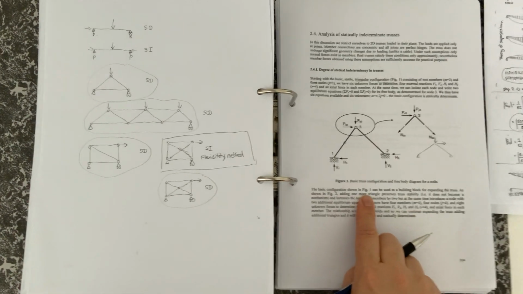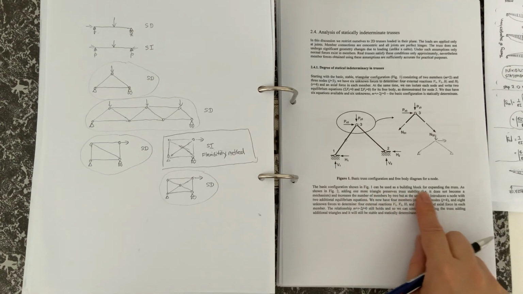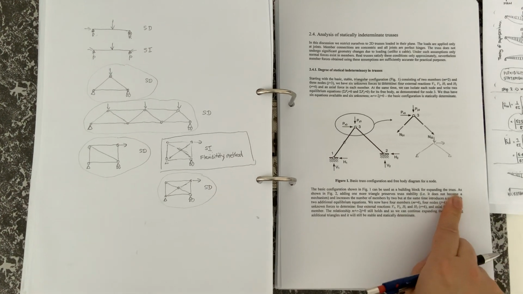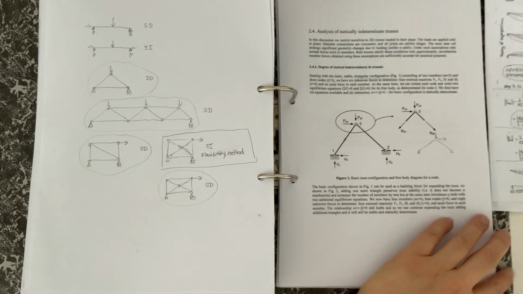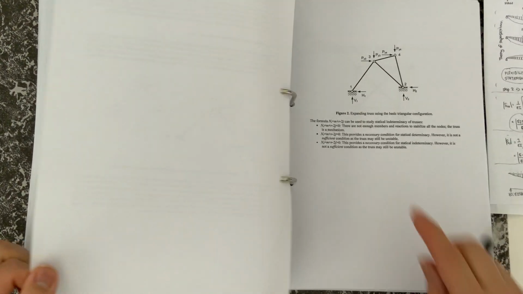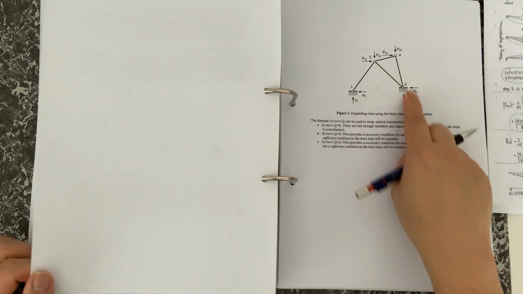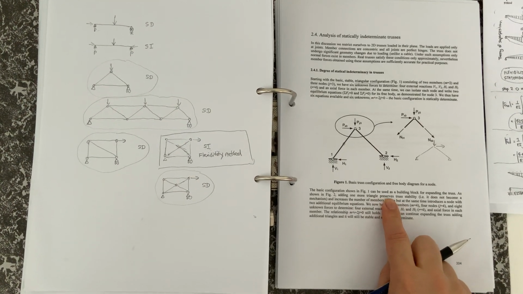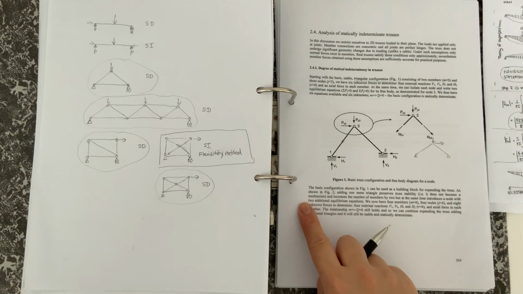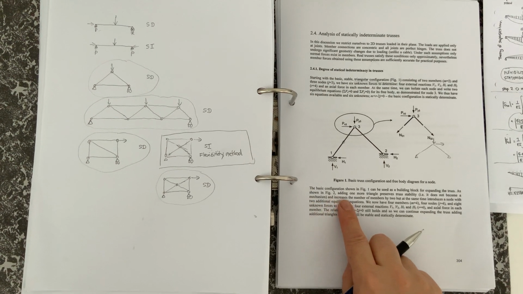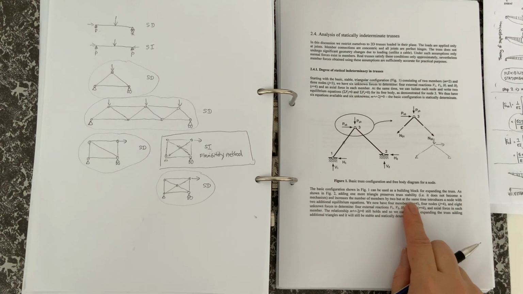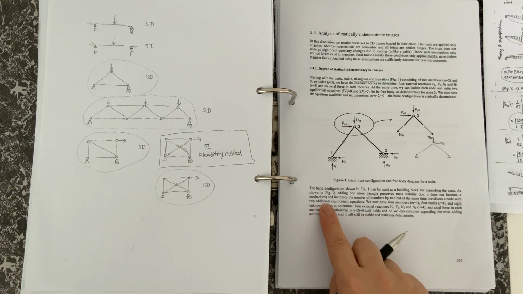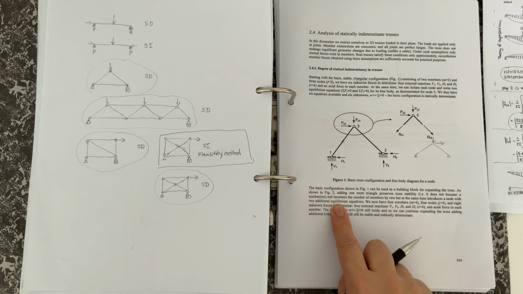So the basic configuration shown in figure 1 can be used as the building block for expanding the truss. As shown in figure 2, adding one more triangular portion, as I've said, preserves the truss stability, i.e. it doesn't become a mechanism, and increases the number of members by 2, but at the same time introduces a node with 2 additional equilibrium conditions.